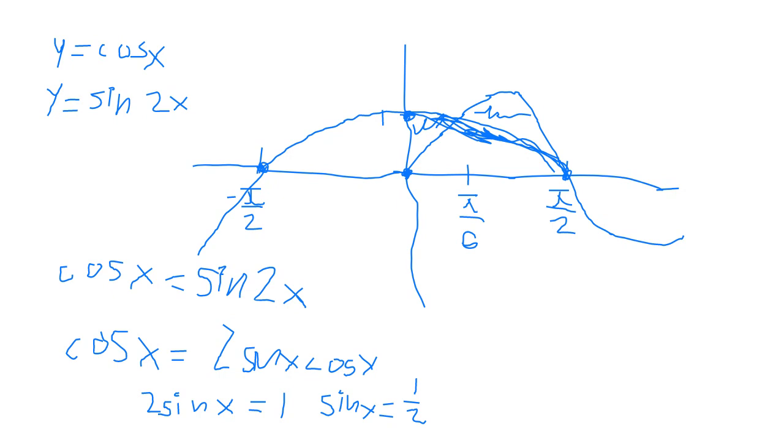Just to be clear, let me label these graphs quickly. This one right over here is y equals cosine of x, and this one right over here is y equals sine of 2x.